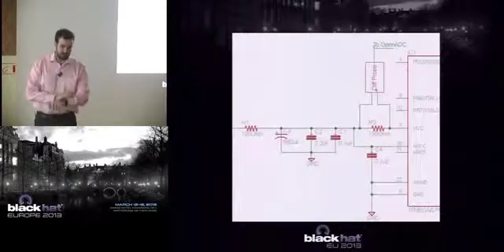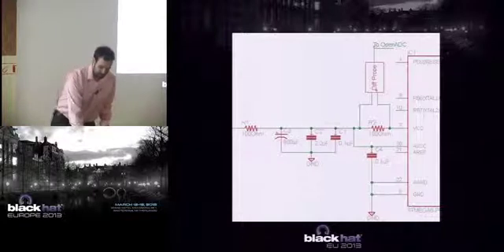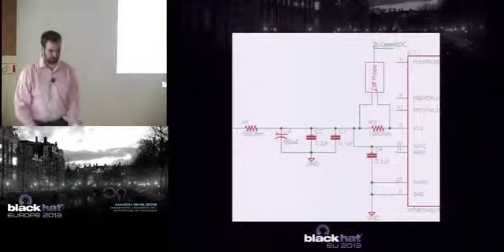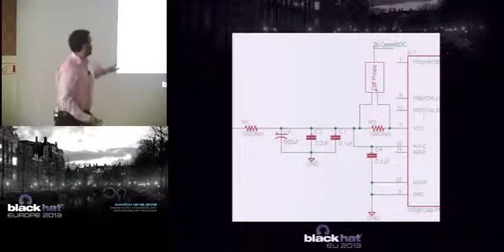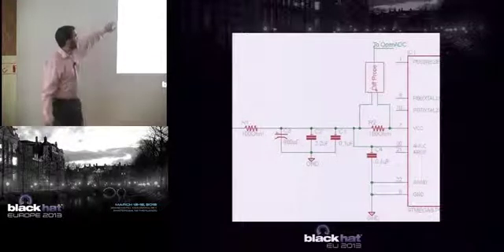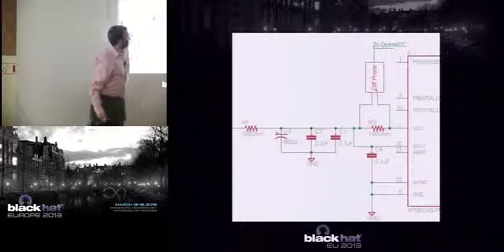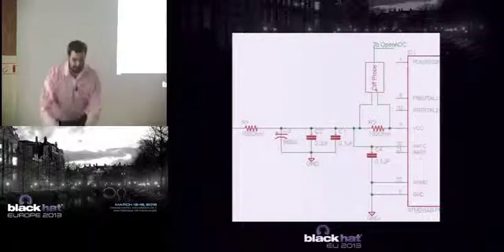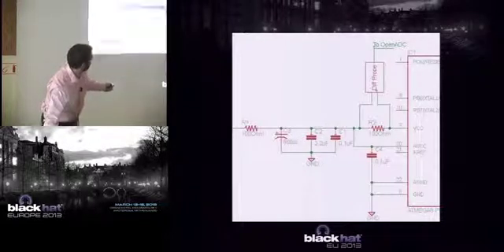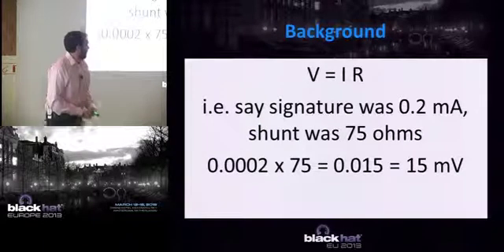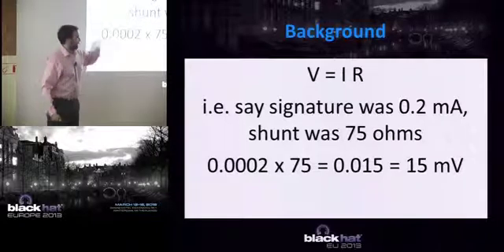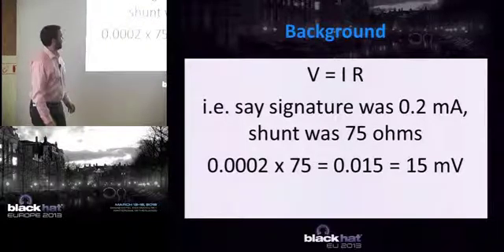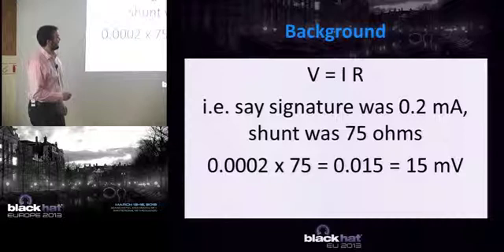One other thing you're going to frequently see is a differential probe. So the theory behind this is that we have some common mode voltage, so some voltage is coming in here, and we're trying to measure the current across this resistor. Ohm's law is where all of this comes from. So for example, say we were trying to measure 0.2 milliamps.